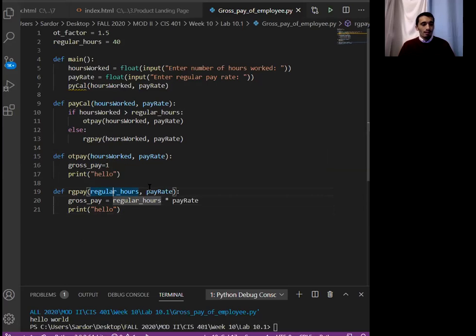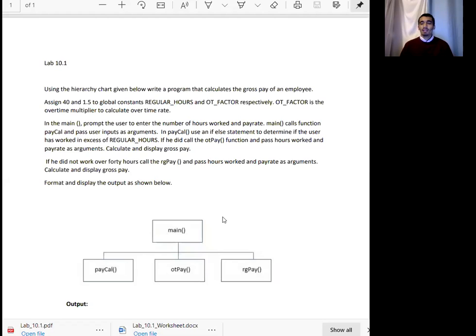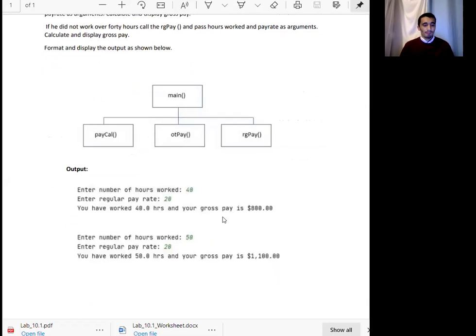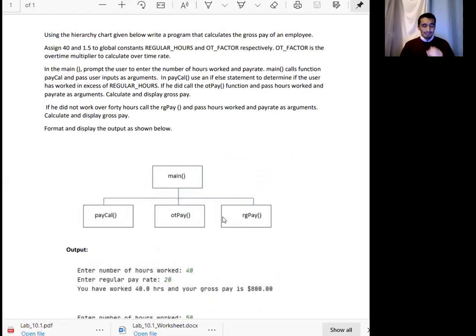Hello again. And what do we do? Now, to do this, you need to pause and think about a formula. What can we use? What can we use with this? That would take the hours worked with regular hours, pay rate, the overtime factor, which was 1.5.